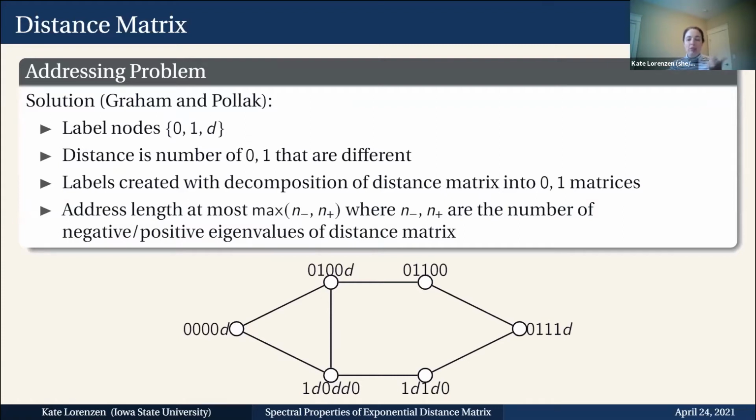The distance between two vertices is the difference between the number of zeros and ones, where we don't care about the placeholders labeled D. It turns out that the address length is going to be at most the maximum of the number of negative or positive eigenvalues of the distance matrix. So there we are, using the spectrum of the distance matrix to help solve this problem. Here I have a network with its appropriate addressing labels for sending messages to and from the computers.